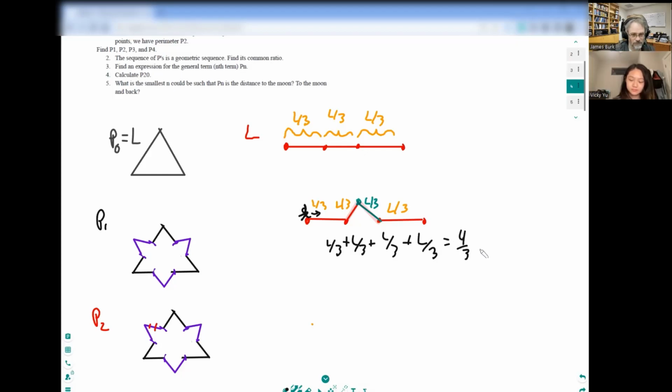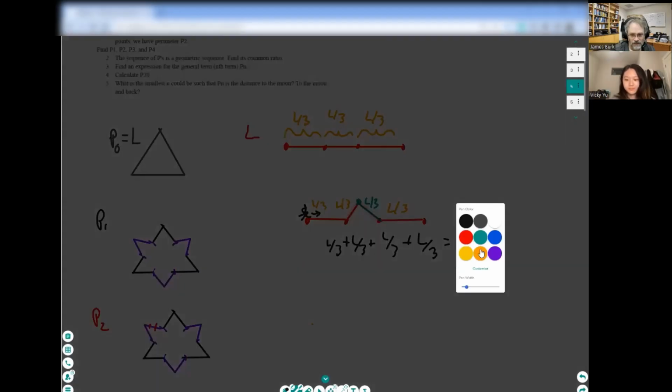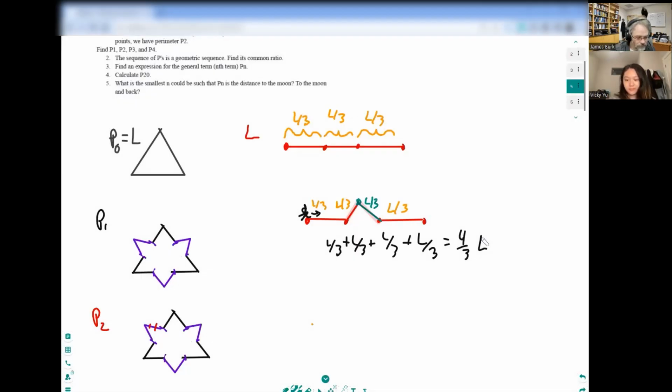Four-thirds L. Now, what that then tells us is whenever we look at these line segments, as I go here to there, the new iteration, let's say if we went down this line segment, is that piece, which is 4/3.